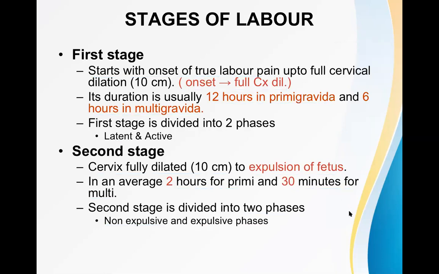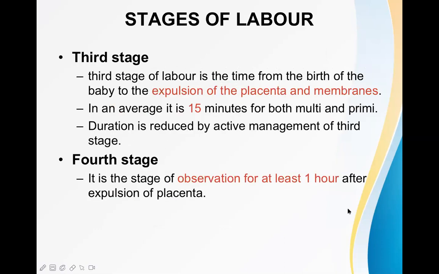Now, after the first and second stages of labor, what do you mean by the third stage and fourth stage? Pay attention here. The third stage of labor is the time from the birth of the baby to the expulsion of the placenta and the membrane.